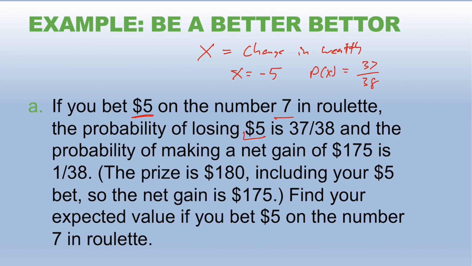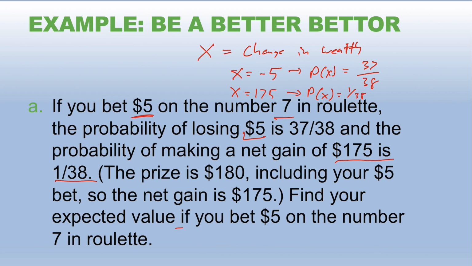Why? Because there's 38 squares on the roulette wheel, one of which is 7, and the other ones are a loss. But you could also gain $175 if the little marble lands on 7. And so the probability of that happening is 1 in 38.